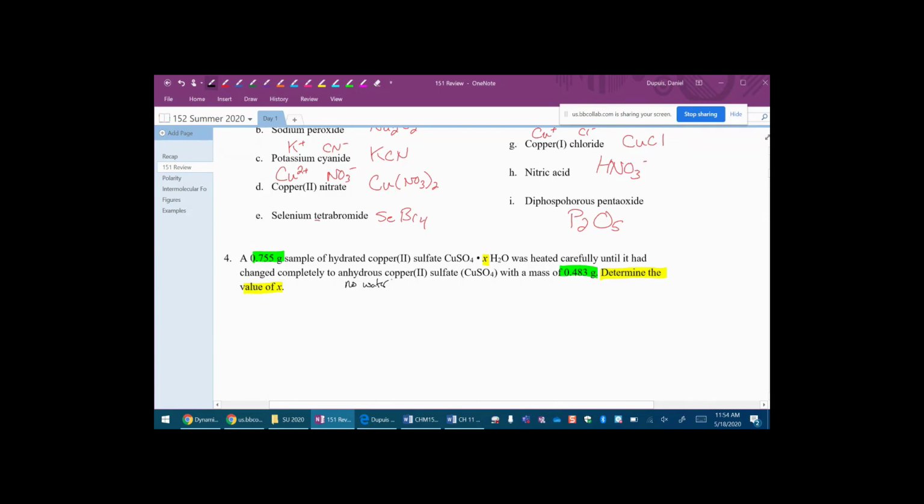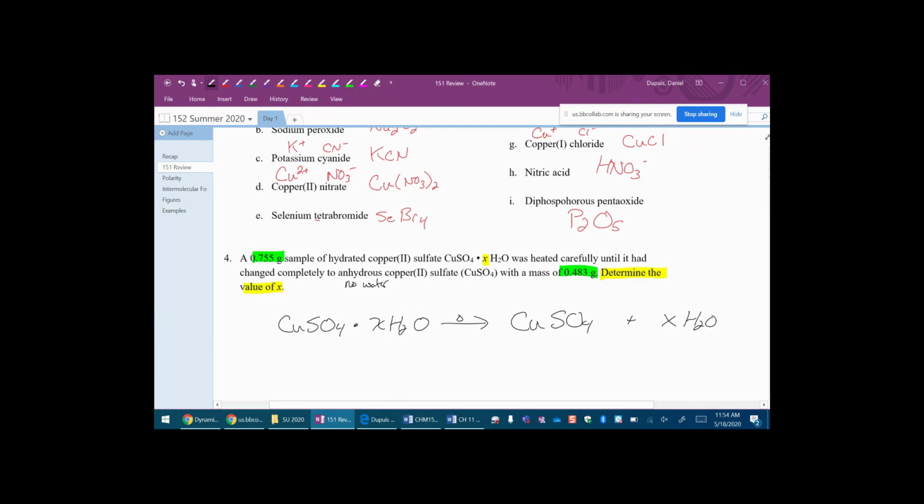All right, so I have CuSO4·XH2O. We're going to heat this thing. Give me CuSO4 plus XH2O.